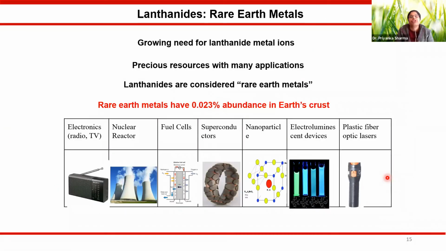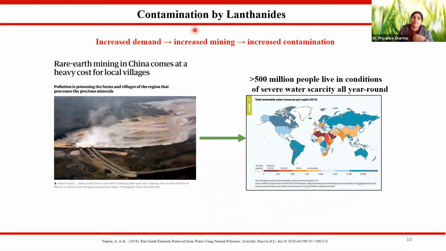And then we thought to solve the problem of rare earth metals, because rare earth metals have very low abundance, only 0.023%, and day by day their demands are increasing, because we are continuously increasing the use of electronics, nuclear reactors, fuel cells, superconductors, nanoparticles, electroluminescent devices, and plastic fibers, etc. Also, the mining of these lanthanum metal ions is very toxic to the environment.